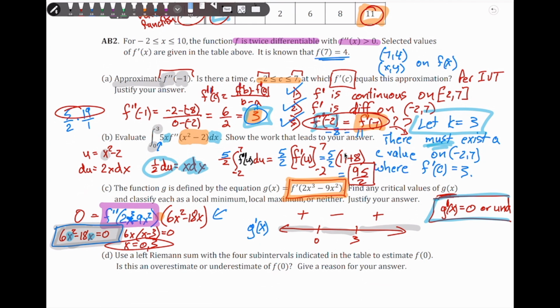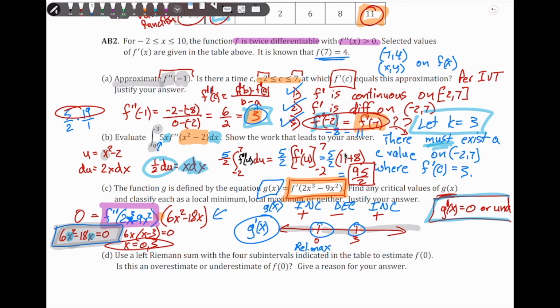So these are my signs for these intervals. And it wants to know local max, min, or neither. Okay? Since I'm looking at the derivative, which is g prime of x, of this position function, I know that g of x is increasing and then decreasing and then increasing again. Okay, so this increasing to decreasing shows that there's going to be a relative max at x is equal to 0.